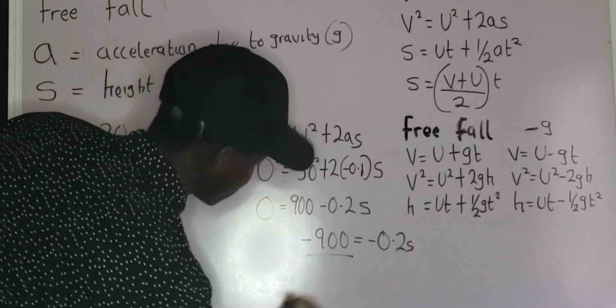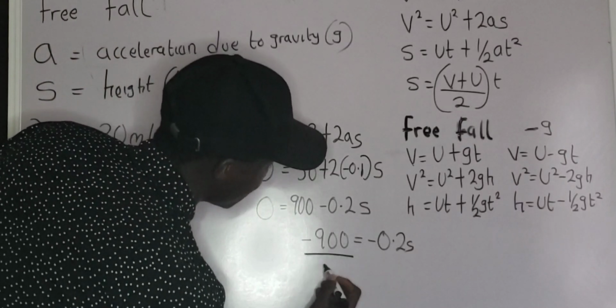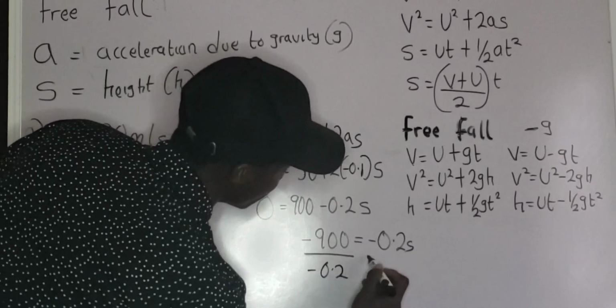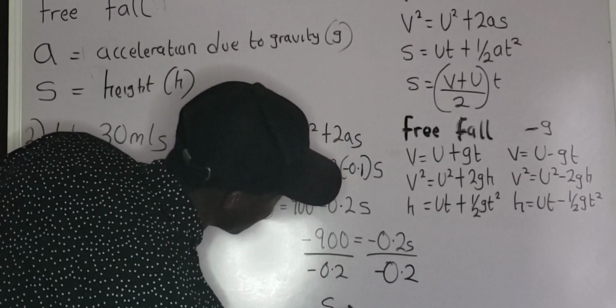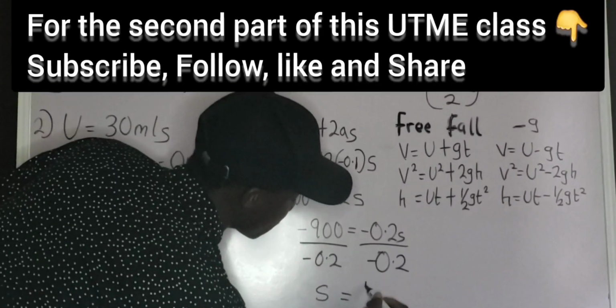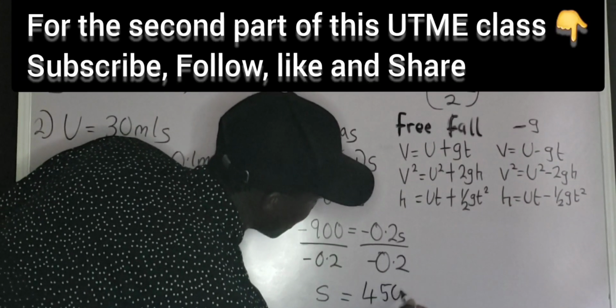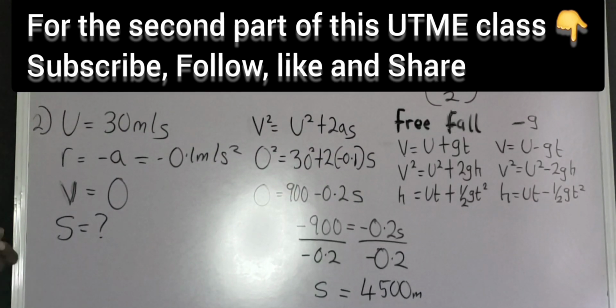So I'm going to have this over negative 0.2, over negative 0.2. So the distance here is what? Punch your calculator. 4,500 meters. Don't forget that distance is measured in meters. So the distance of the train is 4,500 meters.